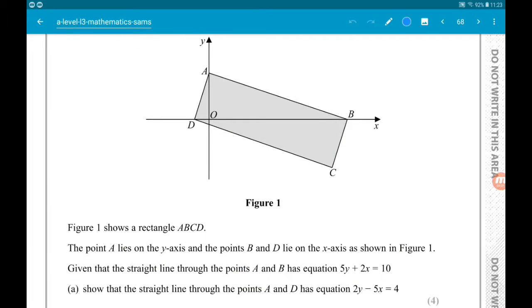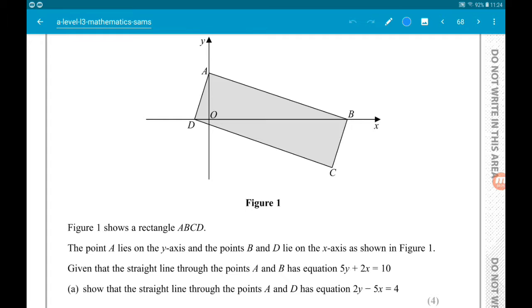Okay, number 8, nice bit of geometry. So, figure 1 shows a rectangle ABCD. The point A lies on the y-axis and the points B and D lie on the x-axis as shown in figure 1.